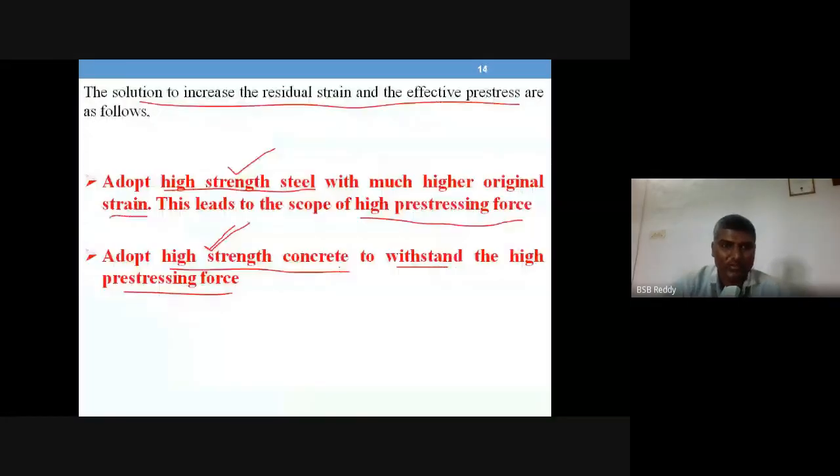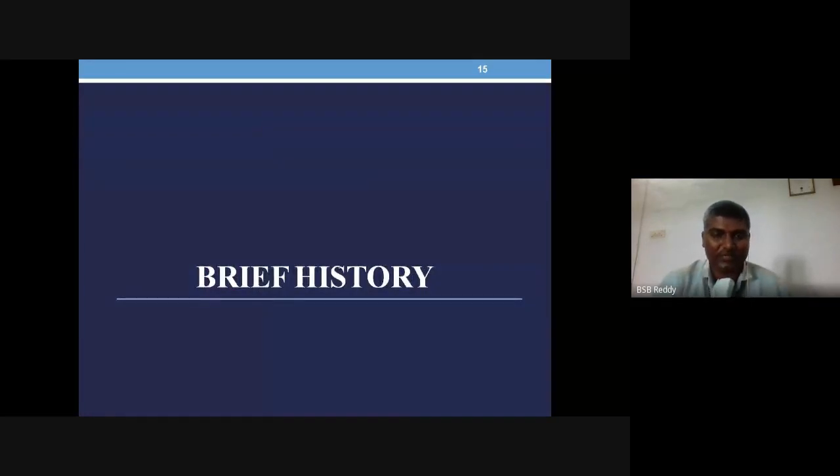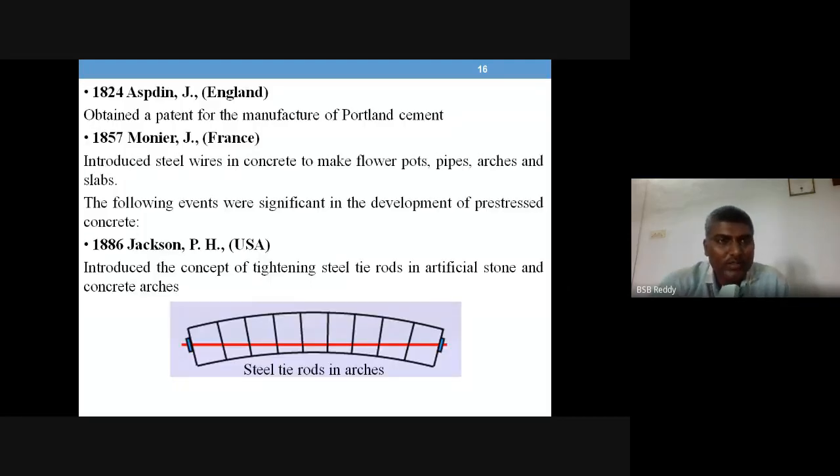Right. Let's go to the very brief history of pre-stressed concrete, how it started, how it progressed. So in 1824, cement was manufactured by Aspidin, an English scientist. He obtained a patent for manufacturing of Portland cement in 1824.